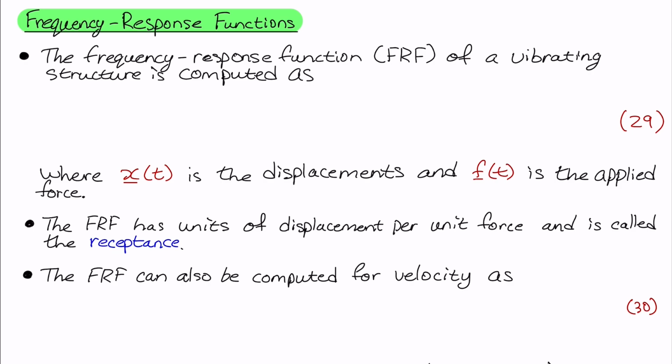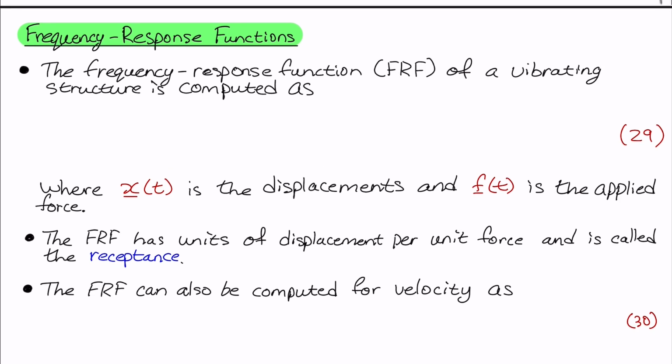Okay, so first off, the frequency response function of a vibrating structure is going to be defined as H of omega is equal to x hat of omega divided by f hat of omega, where x of t, and it should not be a vector in this discussion, is just the displacement of the structure, therefore x hat omega is its Fourier transform. f of t is the applied external force, which is at this point just a generic function of time.